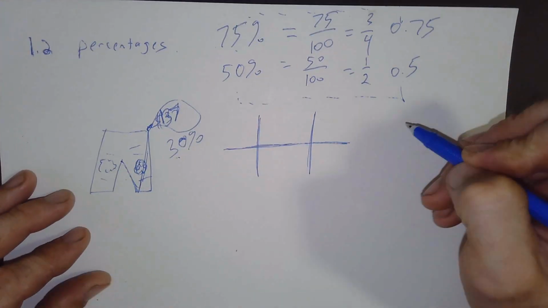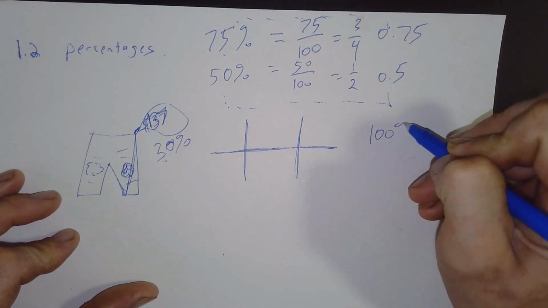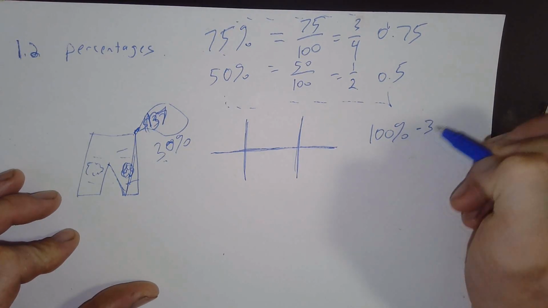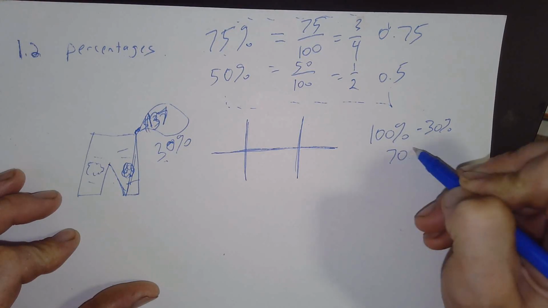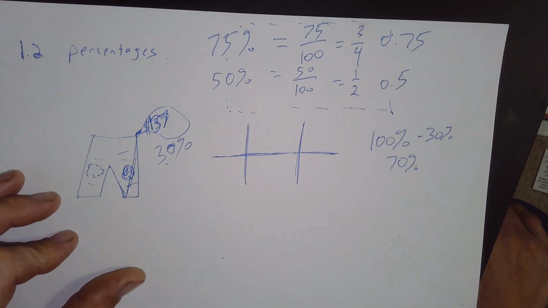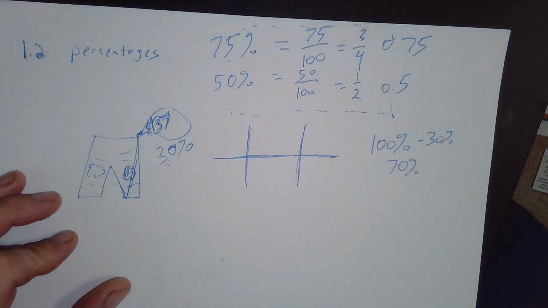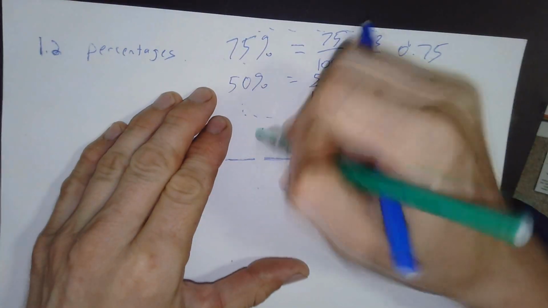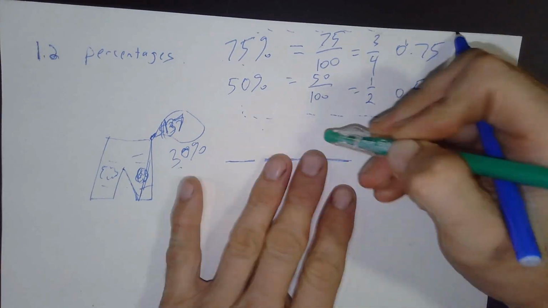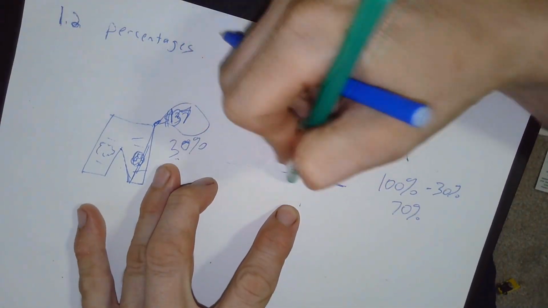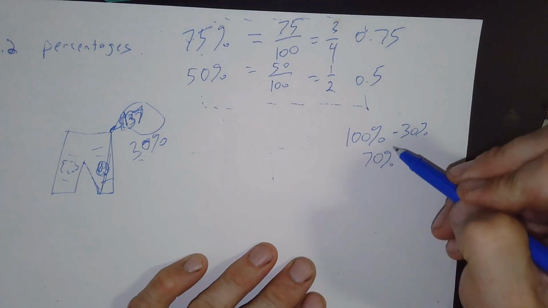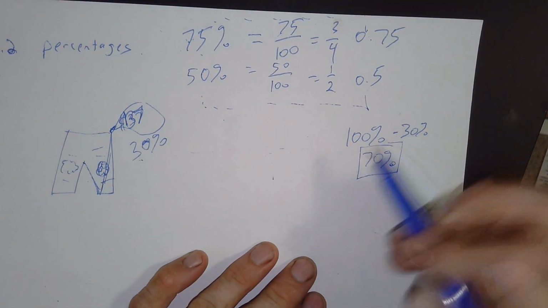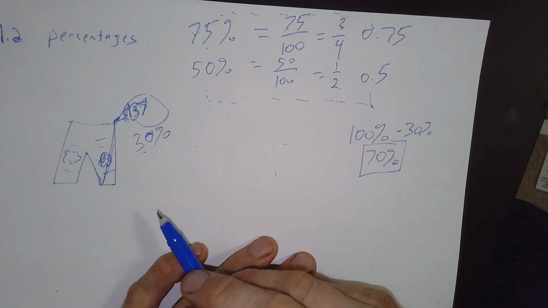So if you have 100% minus 30%, you're actually paying 70%. I guess we don't need to do railroad track for this one. Might be a little too early for unit analysis yet. Okay, so we're only going to pay 70% of the original price if it's 30% off, right?